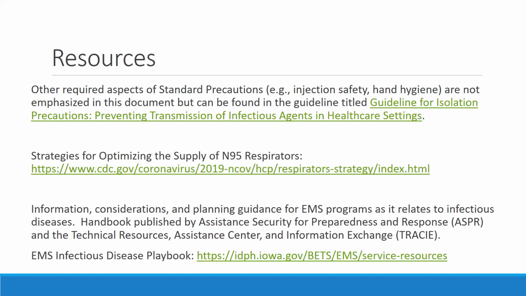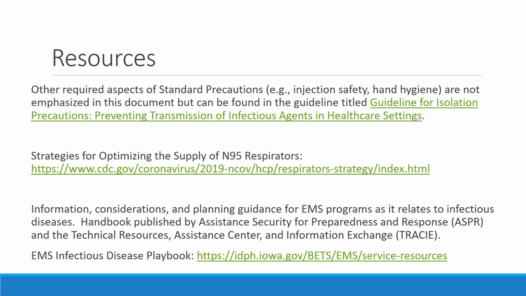Just some reminders of different aspects of standard precautions. What does that mean for isolation and transmission of infectious disease agents? We want to make sure that you're aware of the reference documents and the resource documents that relate to strategies for optimizing the supply of N95 respirators, because I'm sure, as you're aware, there are questions throughout the United States right now about availability.